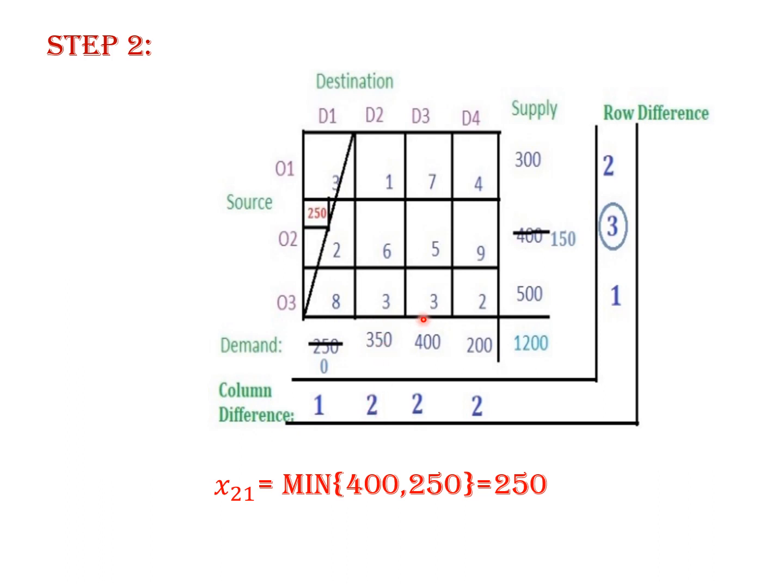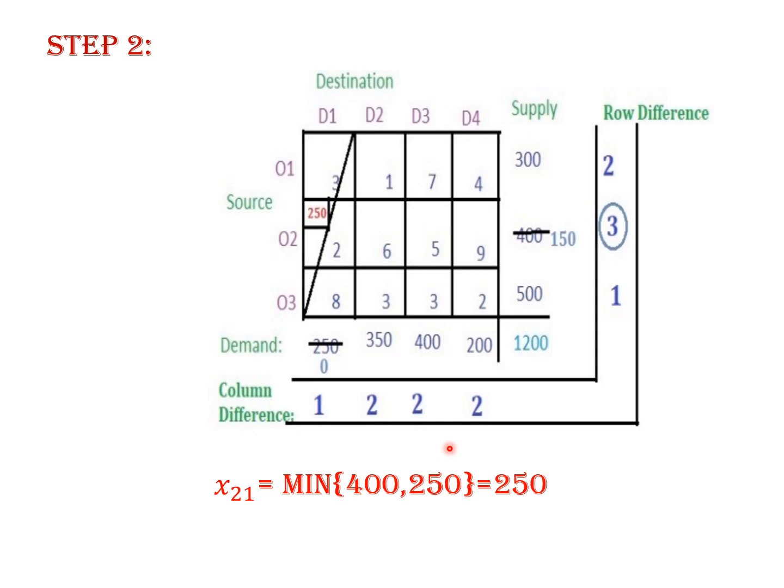In the third column, the least cost element is 3 and the next least cost is 5. The difference is 2. In the fourth column, the least cost element is 2 and the next least cost is 4. So the difference is 2. Here 1, 2, 2, 2 are the column differences.